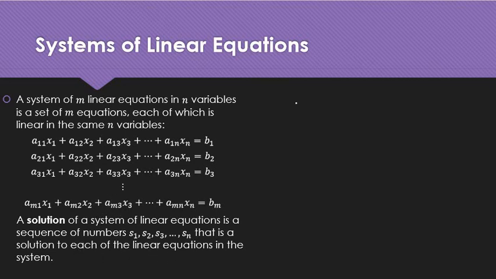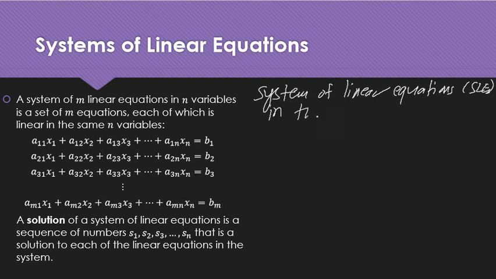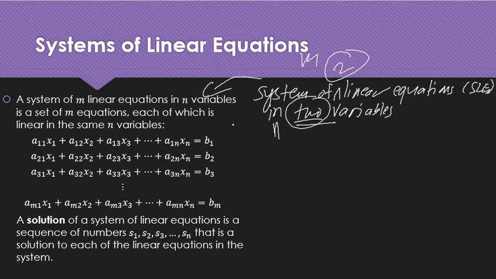The most common one that we have encountered is a system of linear equations, which I would usually shorten as SLE, in two variables. Usually we would encounter a system of two linear equations in two variables. So this was the m and this is the n in the definition.